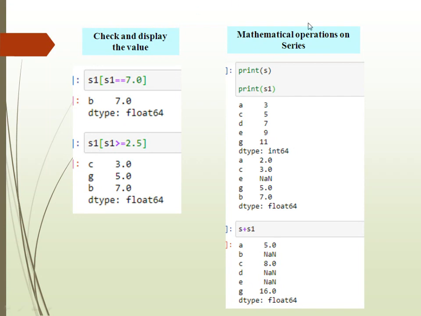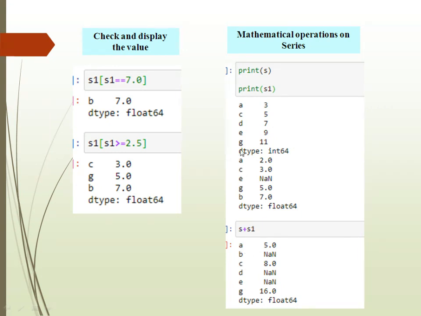Now I'll move to the next, mathematical operations on series. So these are two series present here. S has A, B, C, D, E, G with values 3, 5, 7, 9, 11, and S1 contains 2.0, 3.0, 5.0, 7.0 values. But their index numbers are also mingled. So when I do addition between them, S plus S1, see what happened?